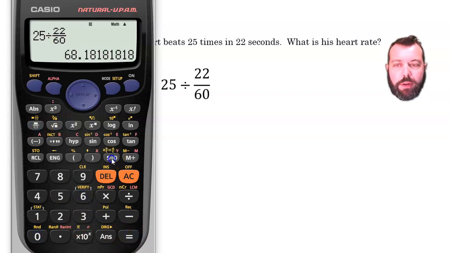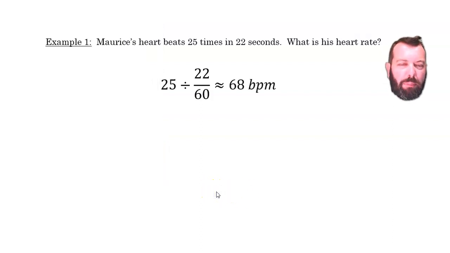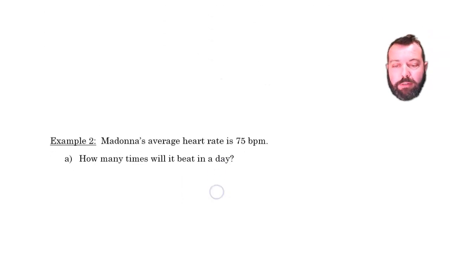This SD button here is going to convert that to a decimal for me. 68 point, pretty small. Now, these things are far less than exact, so I think to the nearest whole number will be great here. So let's say about 68 beats per minute is Maurice's heart rate. All good? That's how we calculate heart rate.